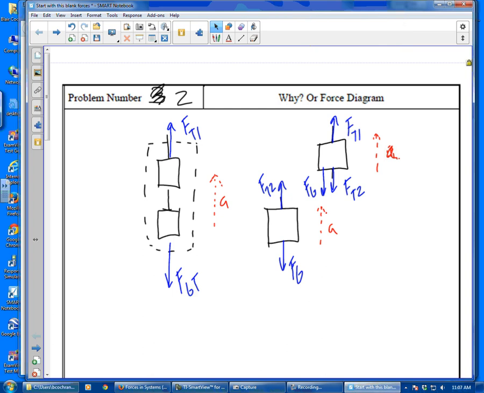Now, I think the connection that a lot of people are having a hard time with is realizing that when I do the free body diagrams, those are the exact same as my equation. I only have one equation in the whole section, right? F equals ma. Sum of the forces equals mass times acceleration.